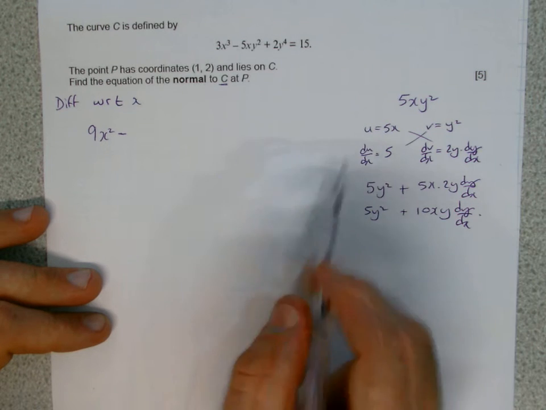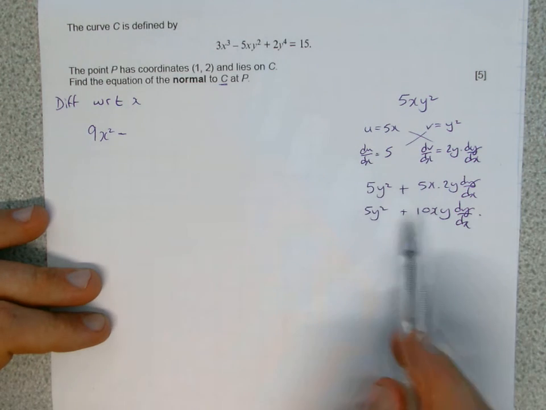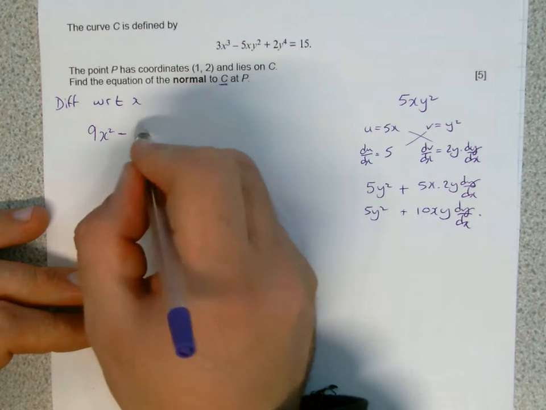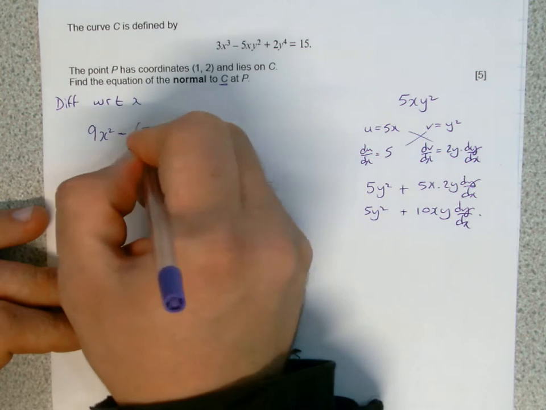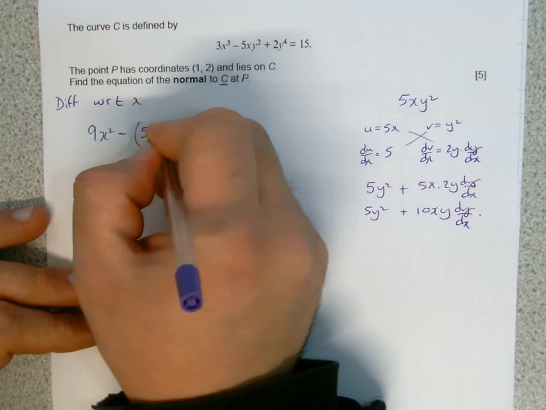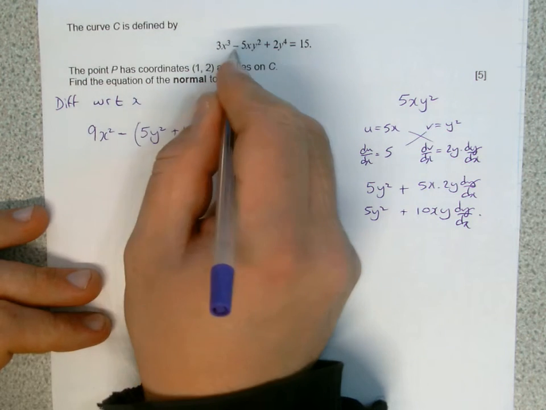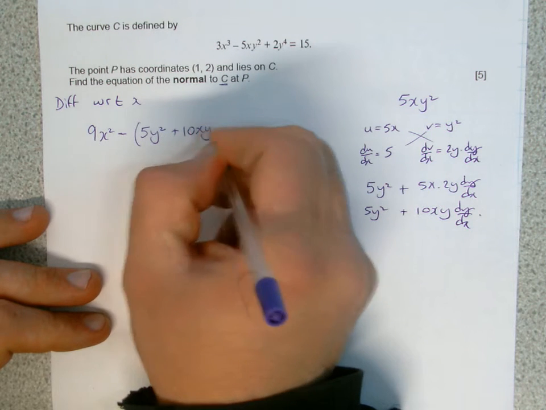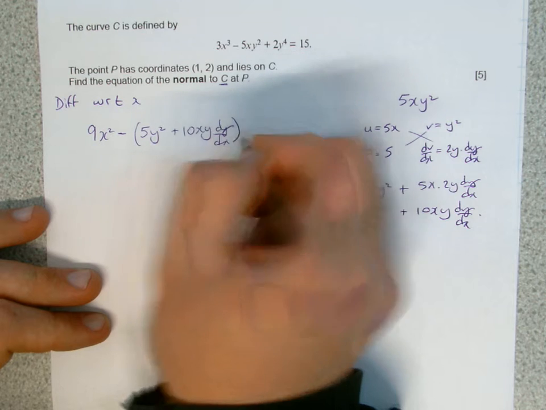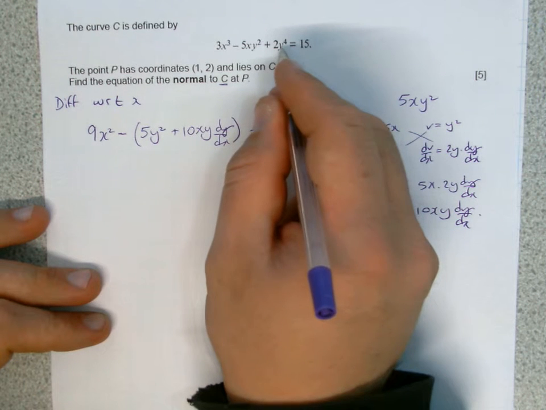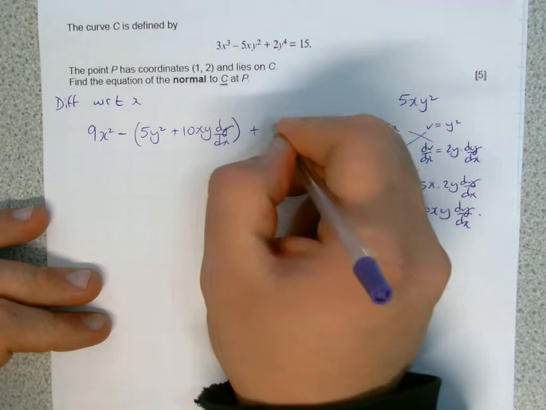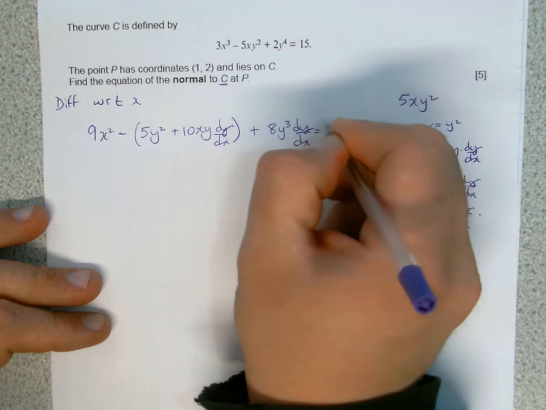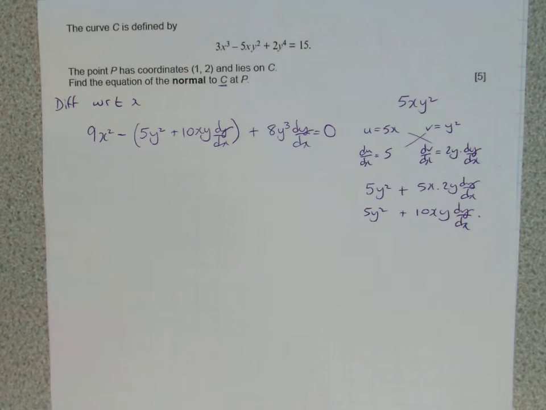The derivative of 5xy squared is here, but we're taking it away, so put it in a bracket to show that we're taking all of it away. That is important: you're taking away all of that result. Plus then, this differentiated will be 8y cubed dy/dx, and then differentiating 15, a constant, gives 0.